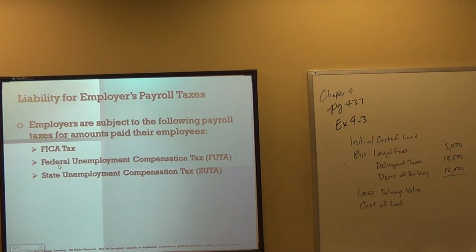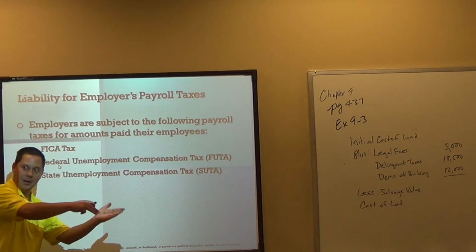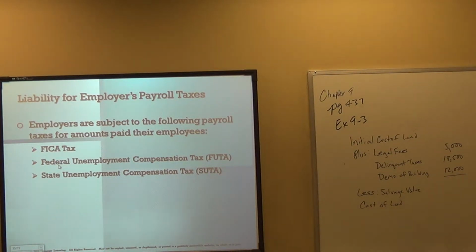So states have different setups for each state on how much they pull out. And a lot of it depends on how much they're paying on unemployment, because they need to make sure they're covering what's coming in from what's going out. So they're making sure that they have everything there. But just be aware, it's usually at a set point, and then they stop paying that. So it could be at $7,000. Yeah, first $7,000 that every employee makes, they may pay a percentage of that.